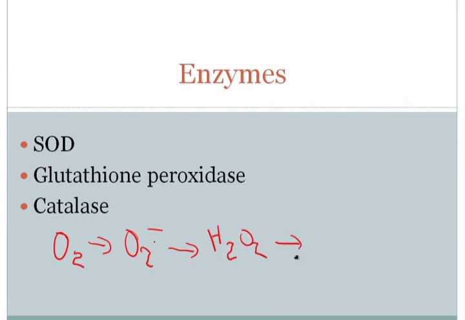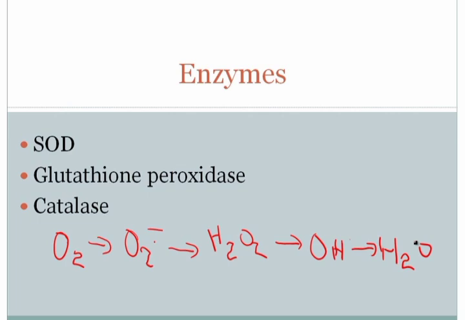Hydrogen peroxide, were it to accept another electron, would become hydroxyl free radical. And obviously this could eventually generate water. Now, I use this paradigm to help me remember each of the free radicals, because these are the three key free radicals that you must be familiar with from biochemistry.